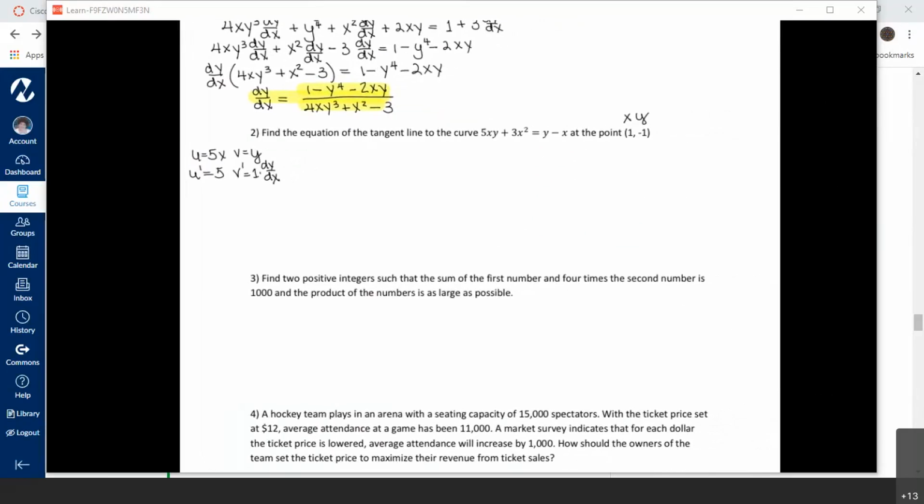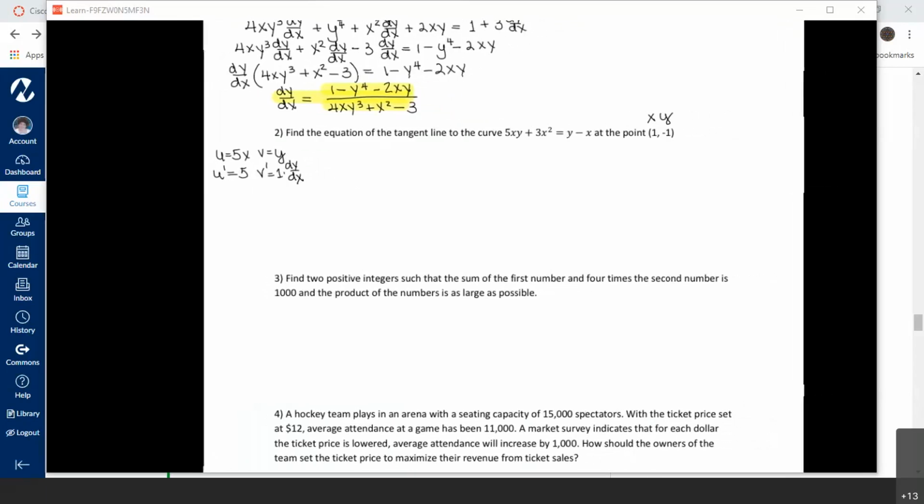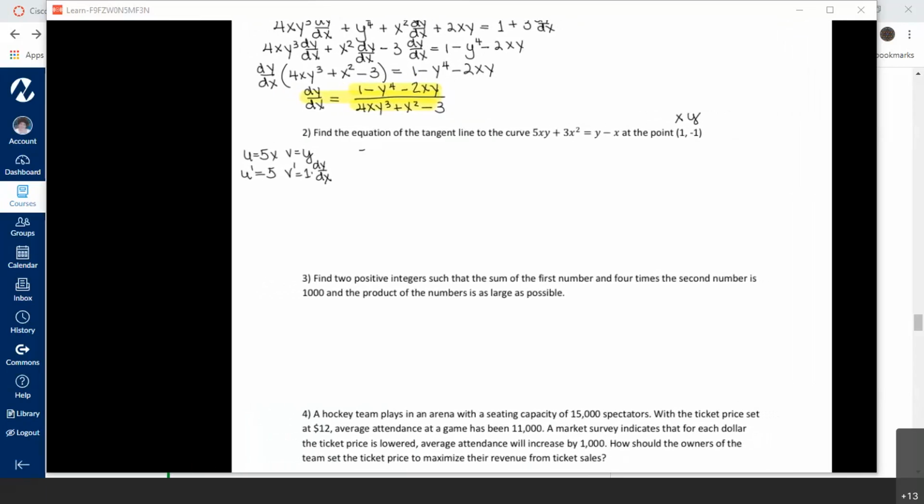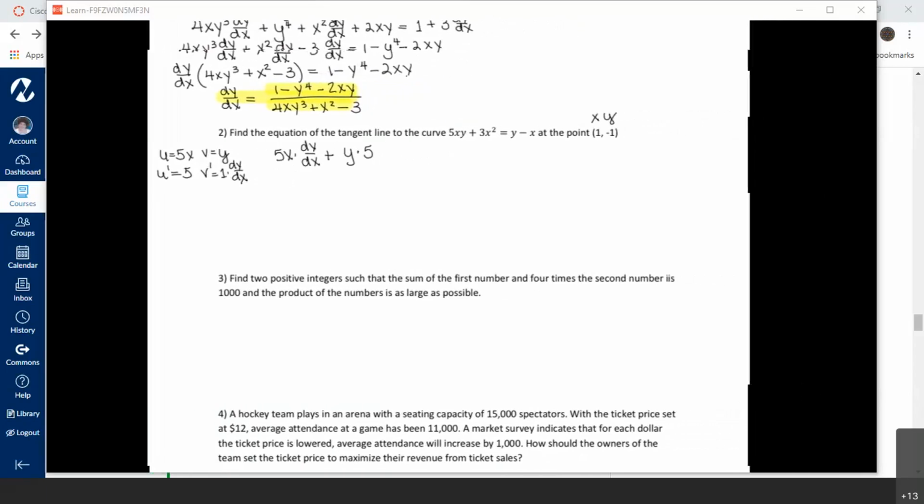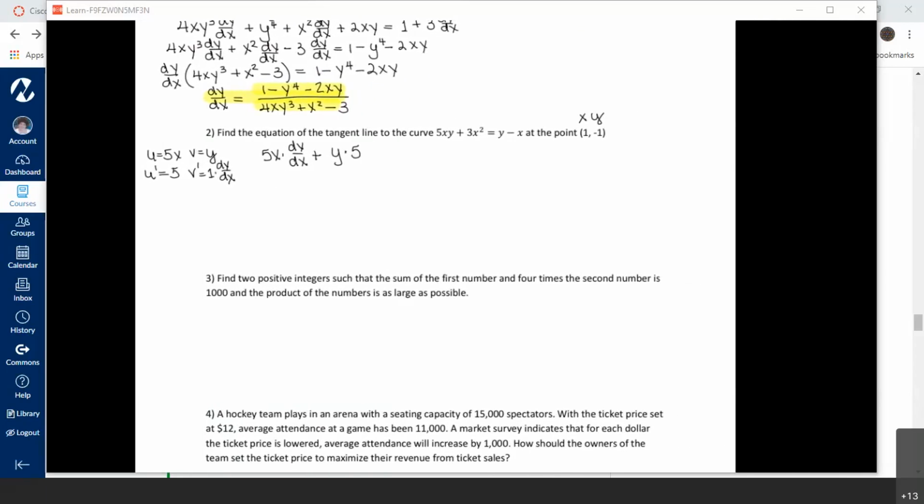Again, it's u times v prime plus v times u prime, and the order you do it in doesn't matter. So I'm going to start with my u times v prime, I don't need the 1, plus v times u prime. I'll come back and algebraically simplify it in the next pass.